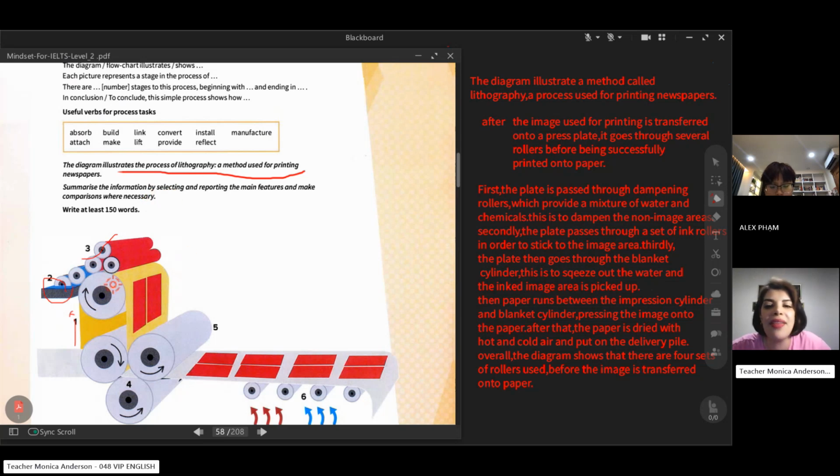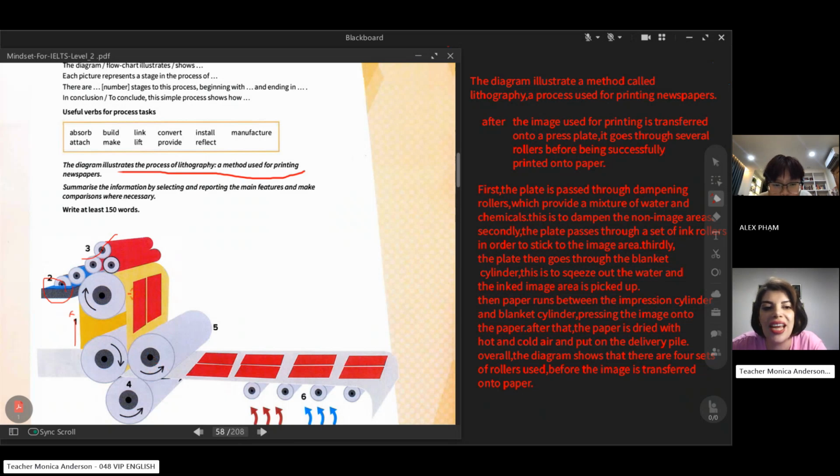Thirdly, the plate then goes through the blanket cylinder, this one. Why? This is to squeeze out the water because it's wet, and the inked image area is picked up. Now we have the inked image area.